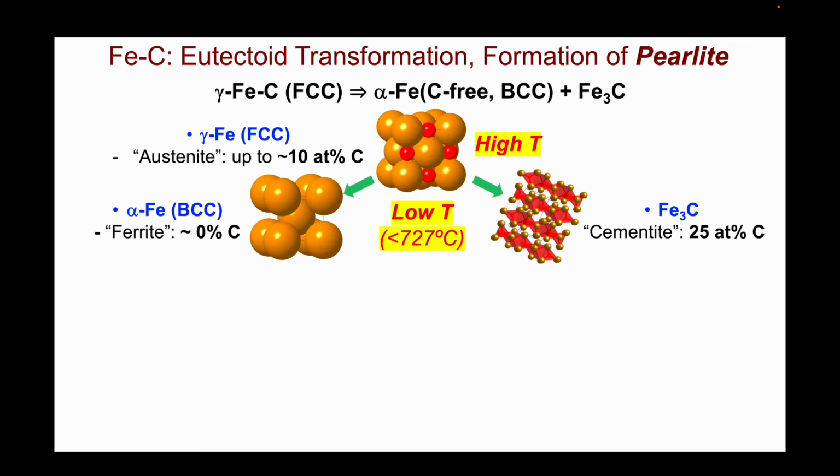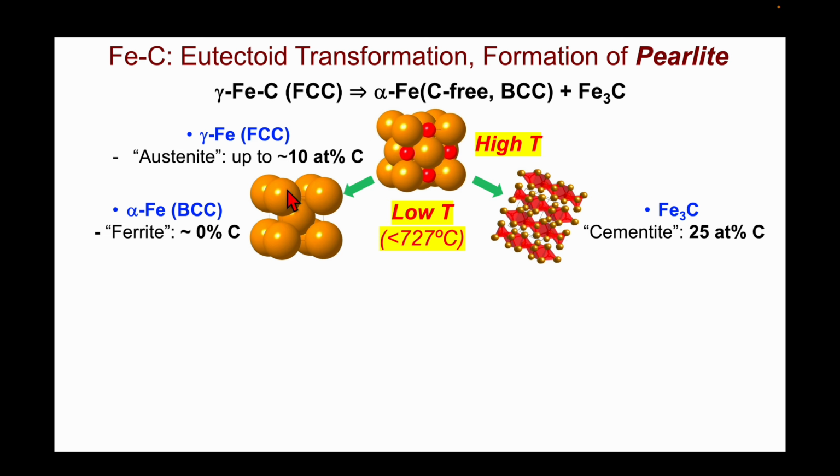Here is a picture of the structures of the phases involved in the eutectoid reaction. Below 727 degrees C, the high-temperature gamma form of iron, which is called austenite, transforms into an essentially carbon-free alpha iron, body-centered cubic, given the name ferrite, plus Fe3C cementite.